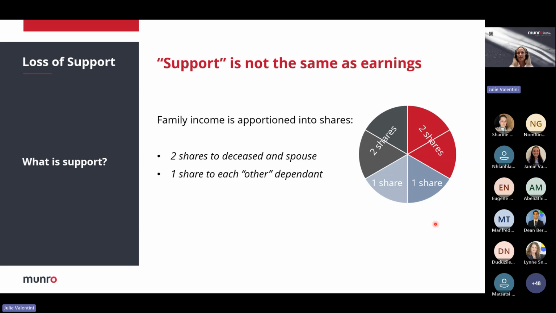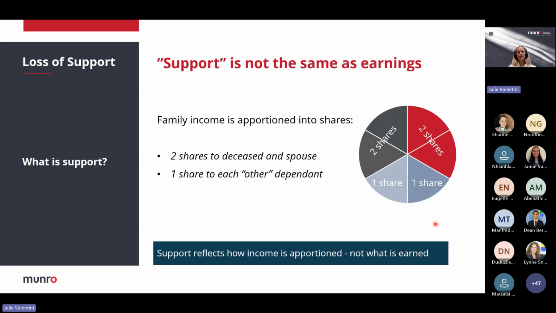Effectively, we are splitting that family pot into 6 shares, 6 pie pieces. And each child gets 1 pie piece, and each of the adults gets 2 pie pieces. That is how the court sees support being apportioned between the family. And the remaining dependents can claim for their loss of support, not the earnings. That's very important to understand.